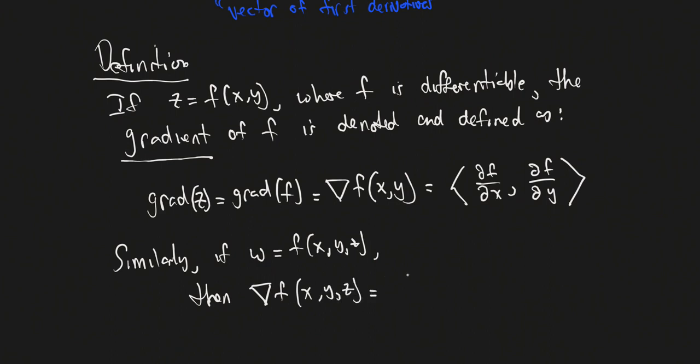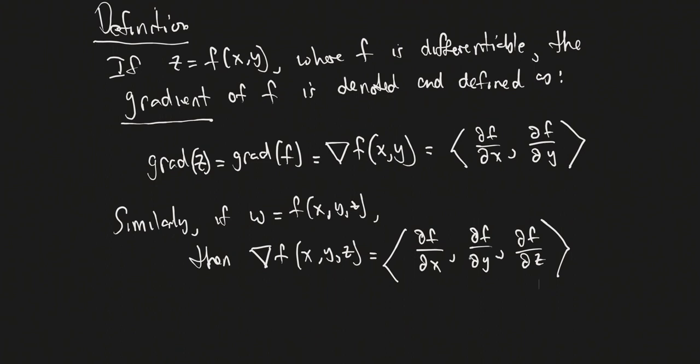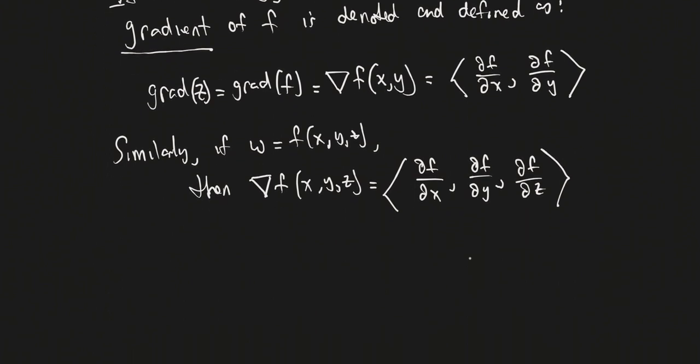Again, this is going to produce a vector where the first partial derivative with respect to x goes in the first component. Then the first partial with respect to y goes in the second component. And then the partial with respect to z completes it with the third component, right? And there you go. So that's the gradient.